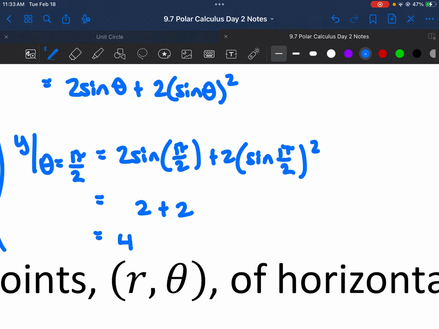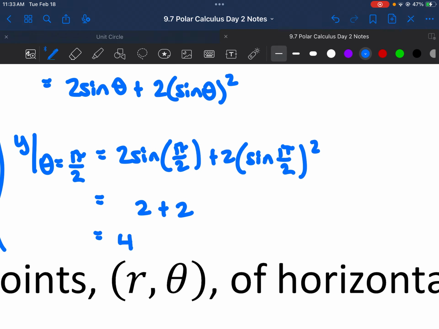Now let's go ahead and calculate dy/dx, the slope. dy/dx equals dy/d theta over dx/d theta. So on top, we're taking the derivative of y with respect to theta. Here is y in terms of theta. Let's take that derivative.